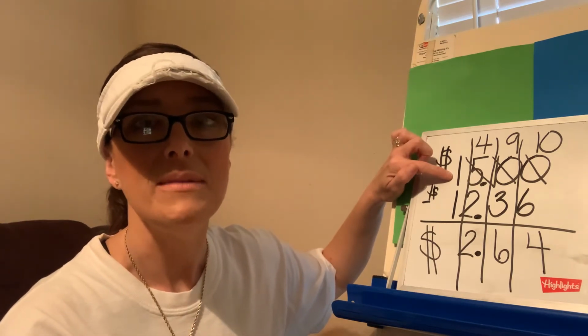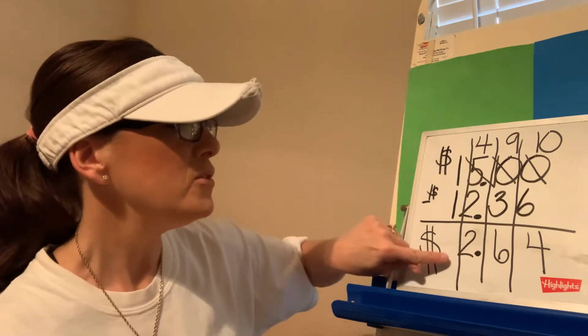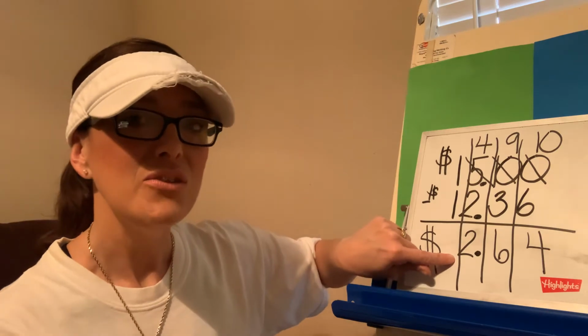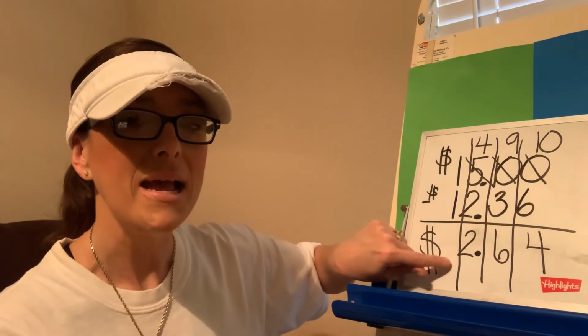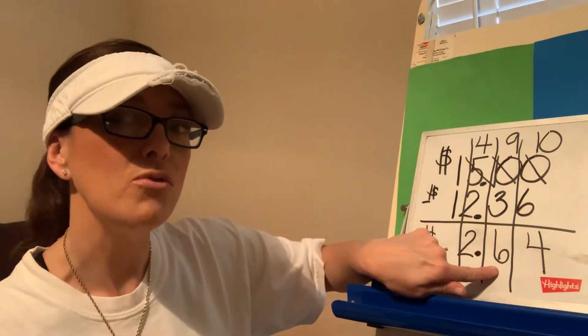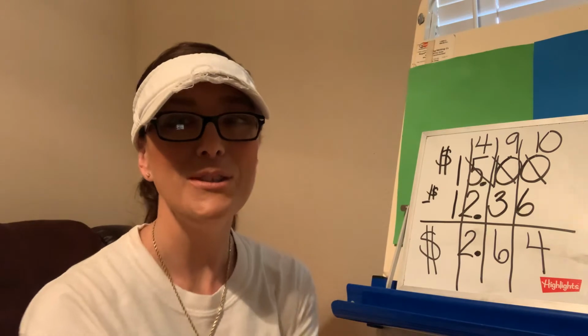Maybe I handed them a $10 bill and a $5 bill. And the clerk is going to take my money and give me back change. So the clerk would count back in my hand $2.64.